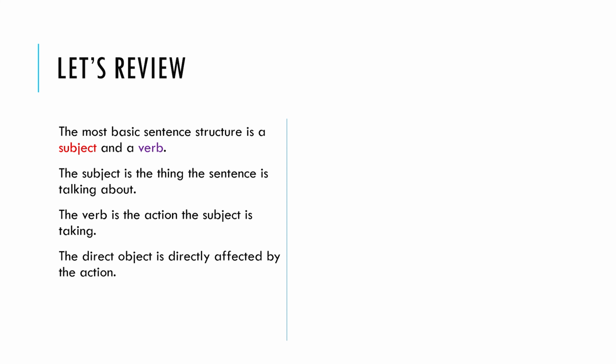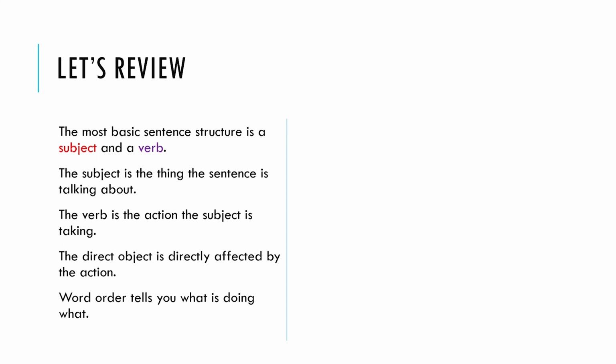And then finally, the last important piece for today is that in English, the word order tells you what's doing what. If you have a noun that comes before the verb, then that's going to be the subject of the sentence. If you have an object that comes afterwards, then that would be the object or something else.